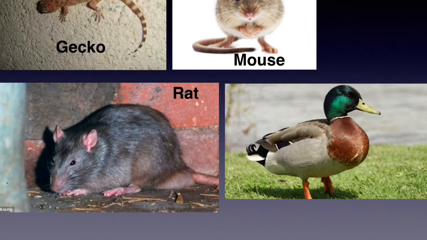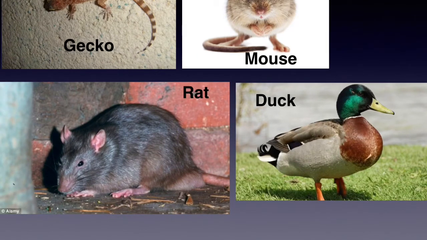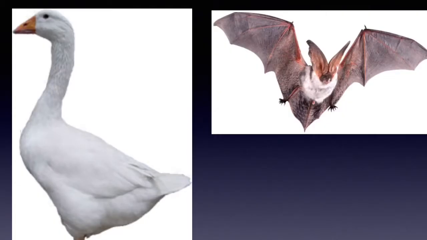And next to the rat, an animal you might see if you have a body of water, like a pond in your neighborhood, that is a duck. And similar to the duck, but with that lovely long neck, what is that?